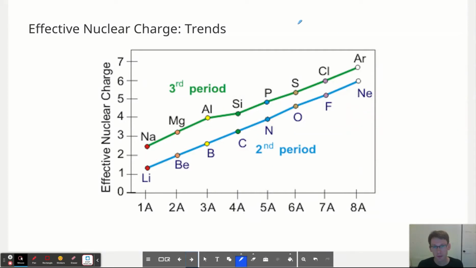So what we find is that as we go further to the right, we're going to have higher effective nuclear charge. Also, lithium and sodium are in the same group, so we can make a comparison as we're going down the periodic table. What we'd find is that potassium, rubidium, cesium, francium, they'll be higher still. So what we find is that the effective nuclear charge increases also as you go down a group.